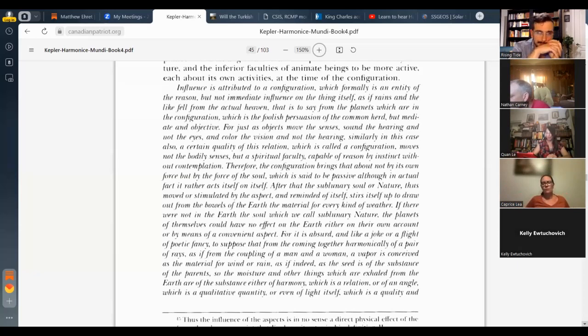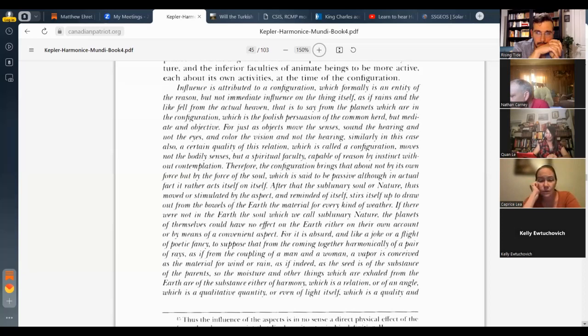Therefore, the configuration brings that about not by its own force, but by the force of the soul, which is said to be passive, although in actual fact it rather acts itself on itself.